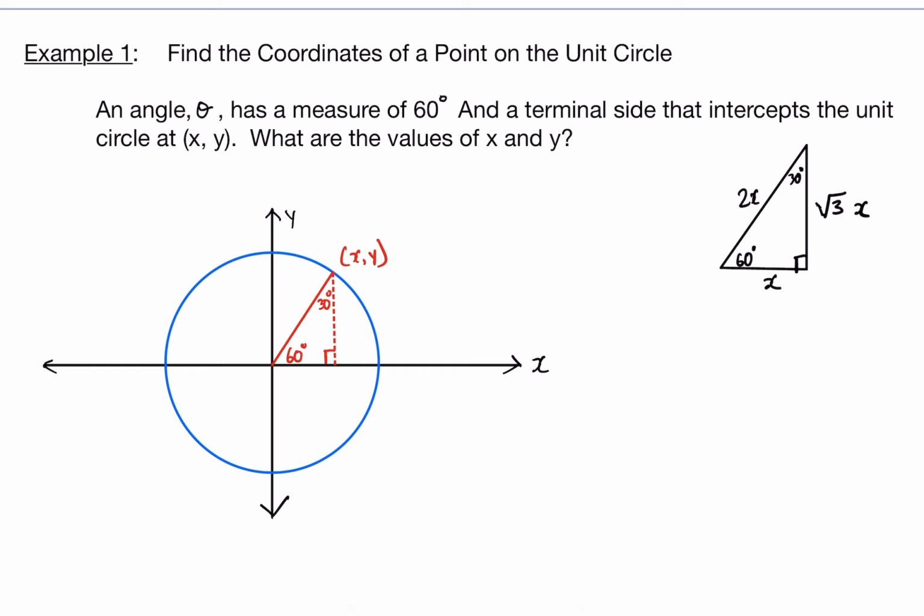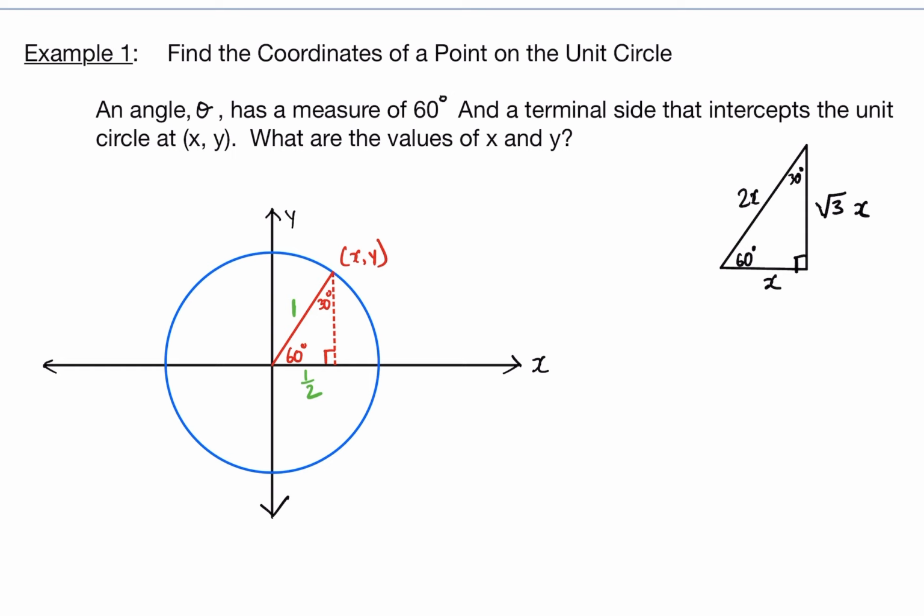okay? Now going back to this unit circle, we know in a unit circle that the length of the hypotenuse is 1, so I'm going to go ahead and label this as 1, okay? Then what do we know about the side opposite the 30? We know that the side opposite the 30 is half the hypotenuse, right? X is half the hypotenuse. So half of 1 would have to be 1/2. Okay?